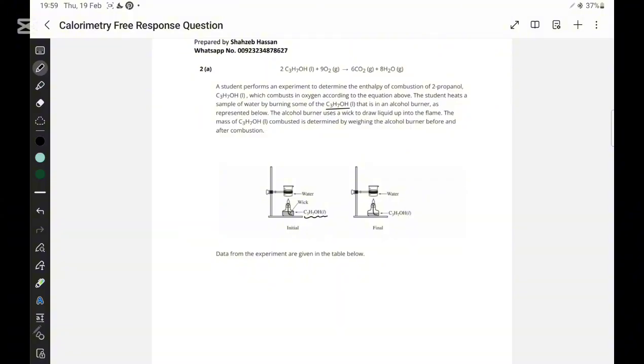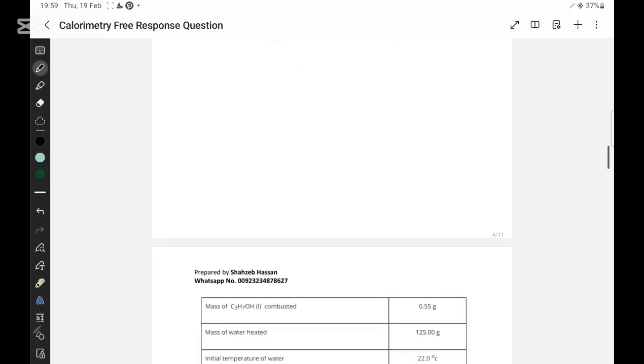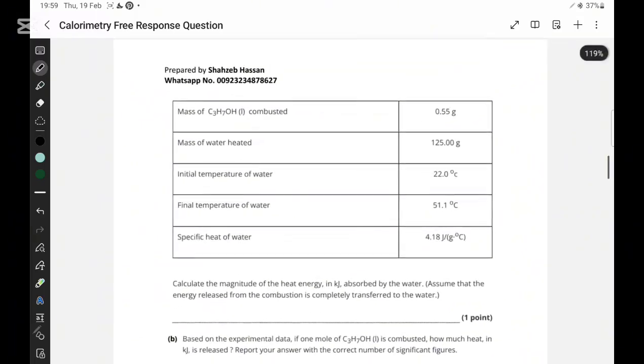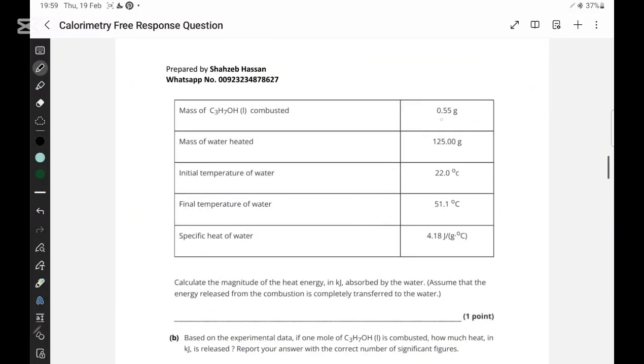The mass of propanol combusted is determined by weighing the alcohol burner before and after combustion. So this is the data which has been given: the mass of propanol burned, the mass of water heated, the specific heat of water, and the initial and final temperatures.